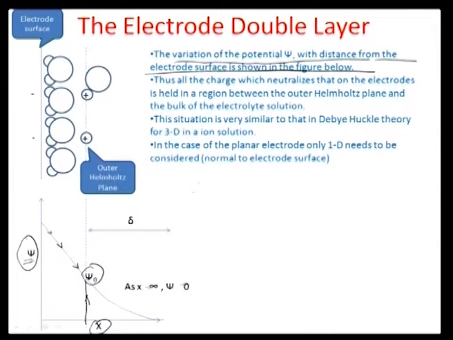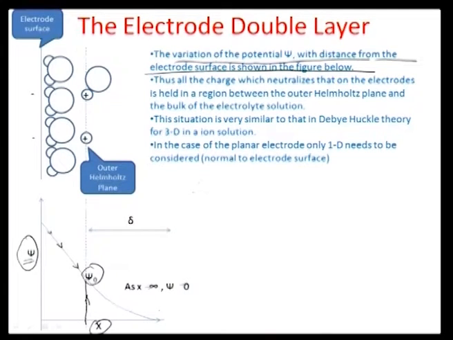And after that, the moment it crosses the outer Helmholtz plane, the potential in the diffuse layer varies in a different, non-linear manner. So, we have to find out what this potential function is with respect to x. And as we have done before, at x equal to infinity, the potential function zeta is equal to 0.